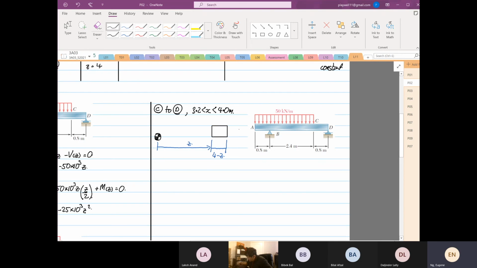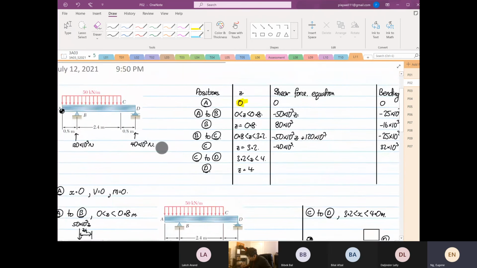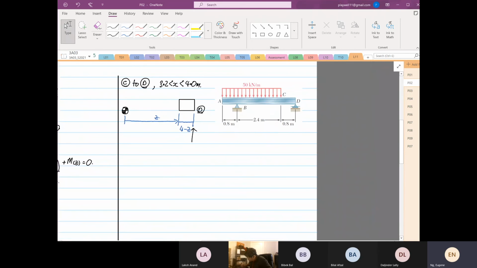And then this is our point D. At point D, we have a load down here. That load is equal to, is it 40 or 20? I can't remember now. 40. Okay, 40 times 10 to the power 3.